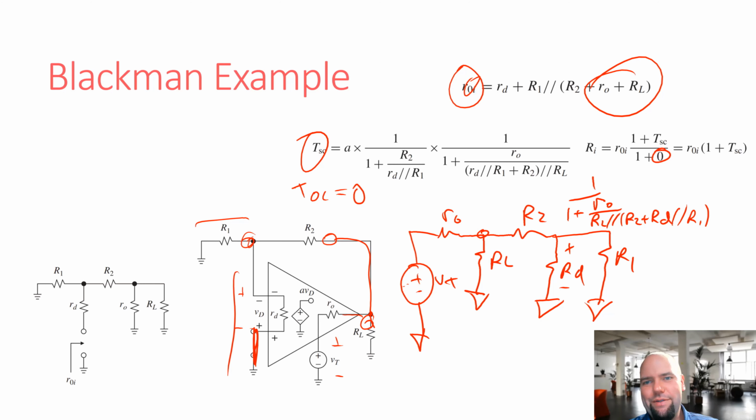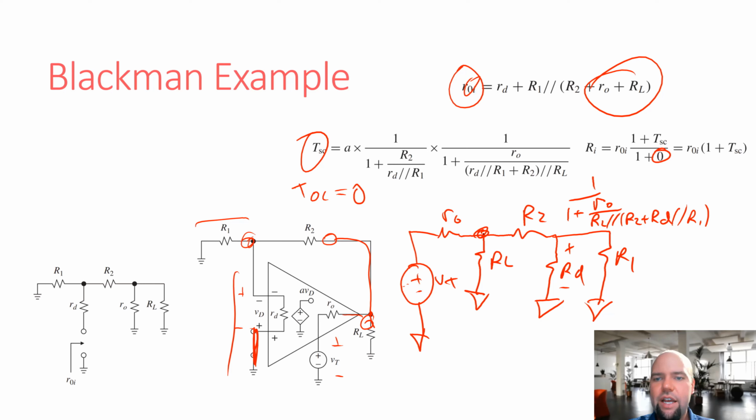Don't think I do. Oh, sorry, no, RD. Yeah, that's right. What am I doing? I think in my mind I was adding something like that there. No, that's right. We got it. R2 plus RD in parallel with R1. Okay, we're good. That would be the expression for the ratio voltage here.